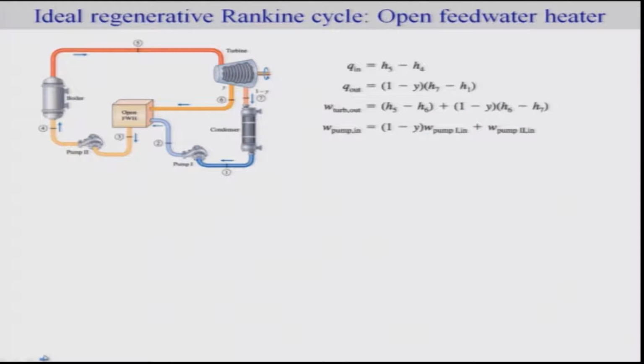Okay? Now we can also evaluate the heat supplied to the boiler. So, Q in here is going to be simply the change in enthalpy, that will be your H5 minus H4. What about Q out? Now, this Q in is nothing but per unit mass of working fluid. So, here the working fluid, we can consider this m dot 5.